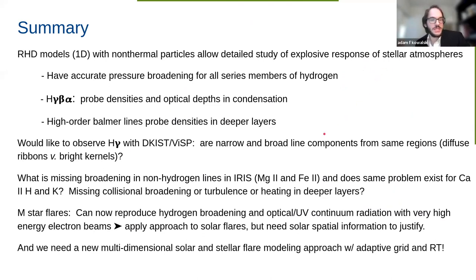We still have some severe problems in explaining the broadening of the resonance lines like magnesium-2 and the other non-hydrogen lines like iron-2. But with hydrogen, we have a really robust theory in our models and we'll be able to constrain the densities that are predicted in these downflowing regions.